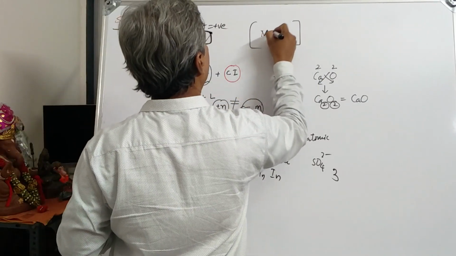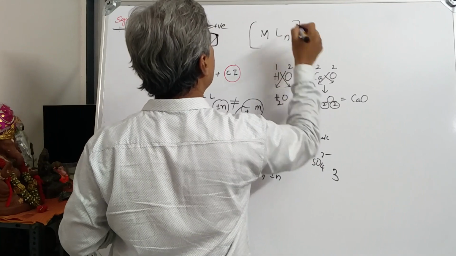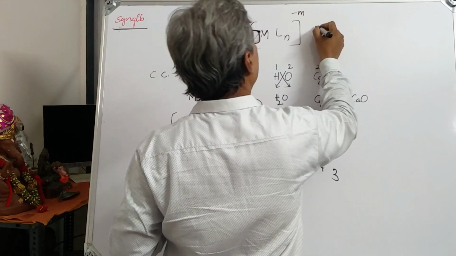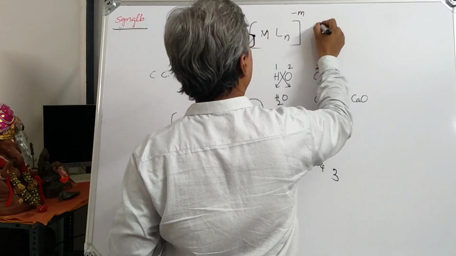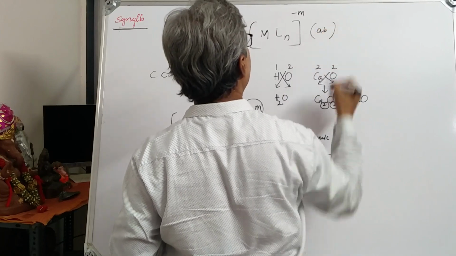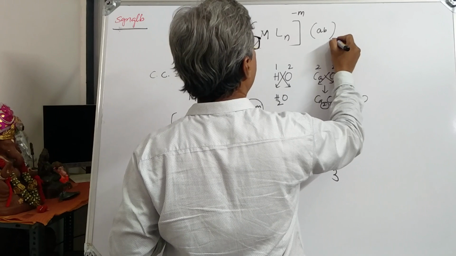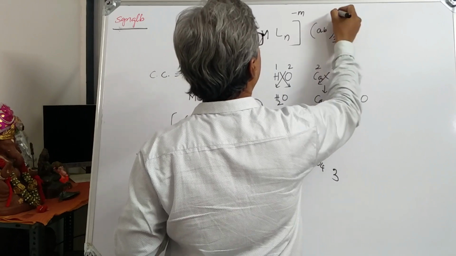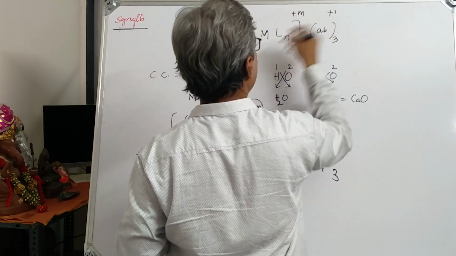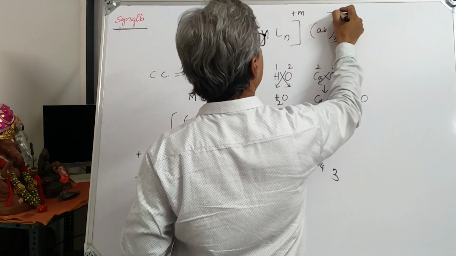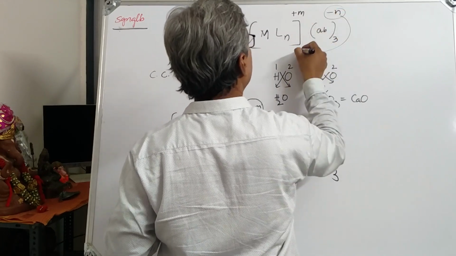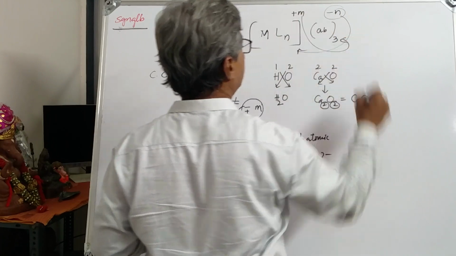It will have metal and the ligand which appears n times. Then the charge is say minus m. Then if counter ion is polyatomic, then we use normal bracket. Then we write say AB as the ligand counter ion. Then if it appears say 3 times, then its charge is say plus, and it will be minus n. If these two are equal, then fine. Otherwise, you should use it for multiplication.